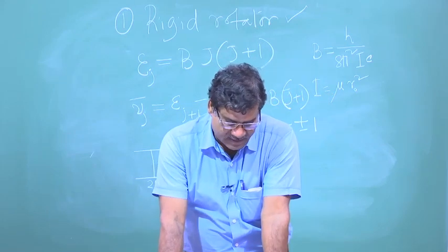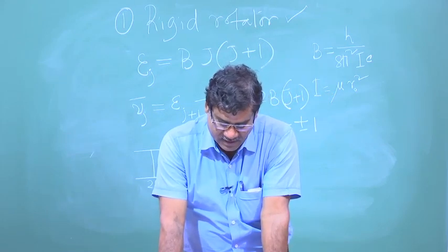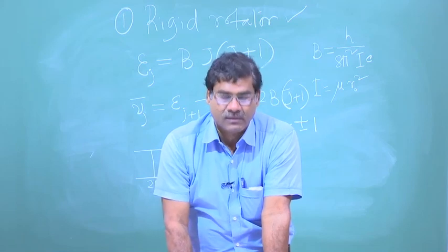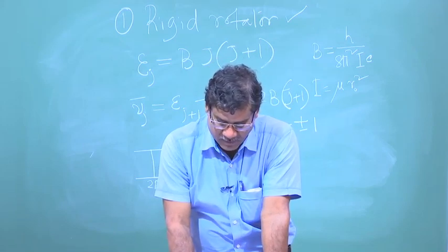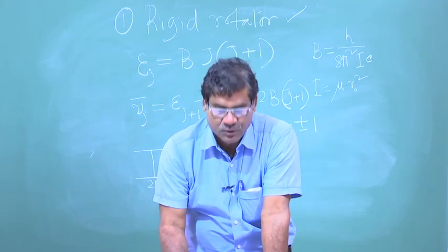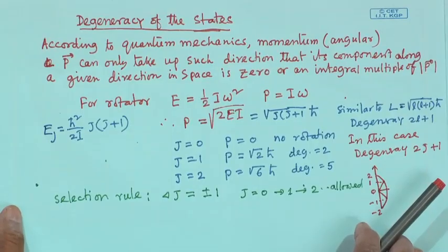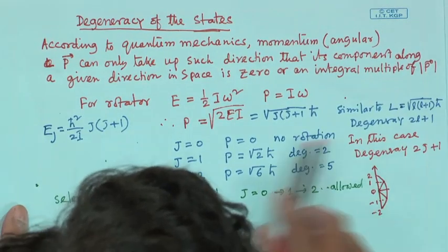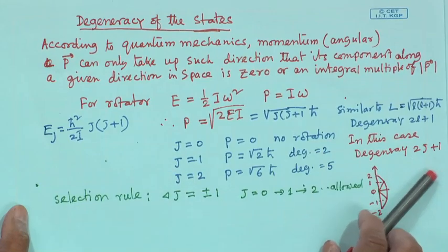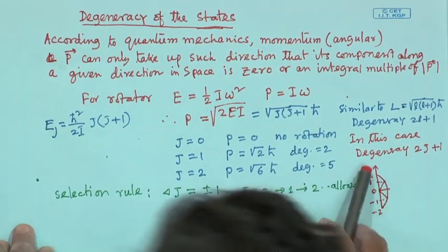It is similar to L. For L we have seen 2L plus 1, so here in this case the degeneracy is 2J plus 1.